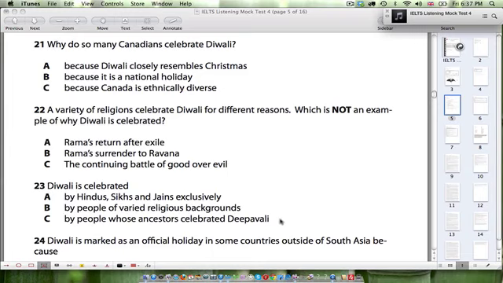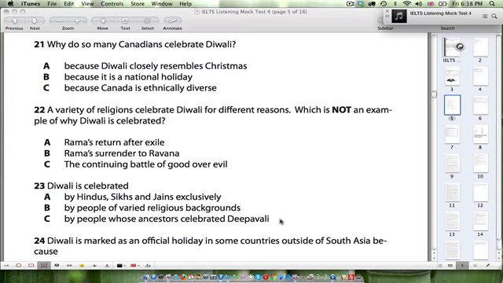Diwali celebrations date back thousands of years. For many Hindus, Diwali represents the perseverance of good over evil in the struggle of light versus darkness. It celebrates the victory of the god Rama over Ravana and Rama's return after 14 years of exile. To mark the original event, it is said that 20 candles were lit in a row to celebrate Deepavali, which is the ancient Sanskrit for a row of lamps.